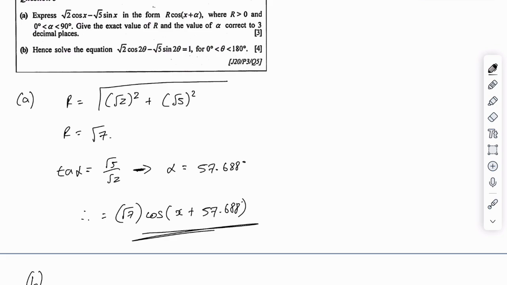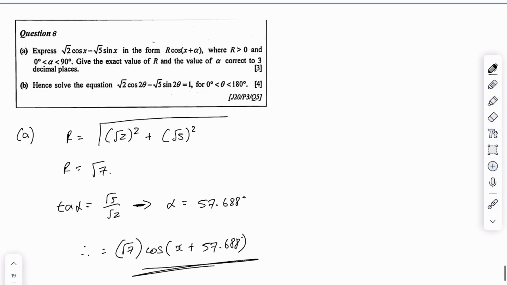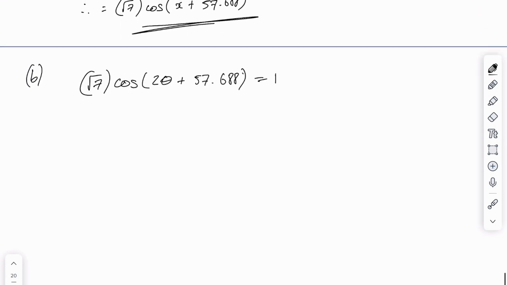So what we can say is we're going to get root 7 cos of 2 theta plus 57.688 equaling 1, which means that cos of 2 theta plus 57.688 is equal to 1 over root 7.